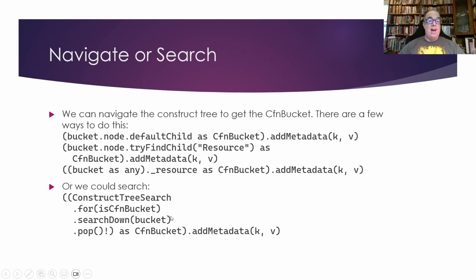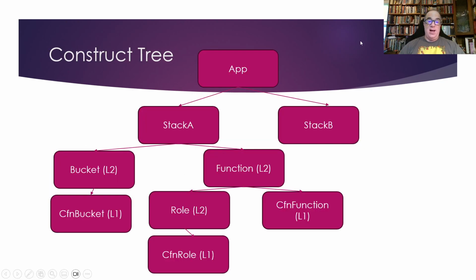We can do that, but here, I'm just using the fact that it returns a Boolean for construct tree search. So I'm creating a construct tree search for a CFN bucket, and then I'm going to search down the tree starting at the bucket, and then I'm going to pop the results. So search down, basically it starts at a node.